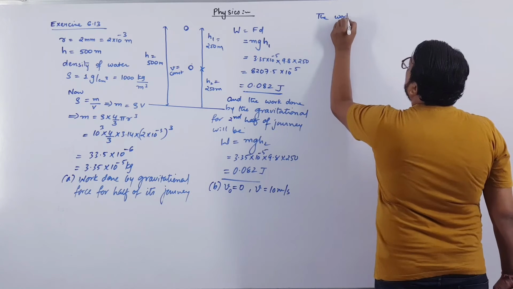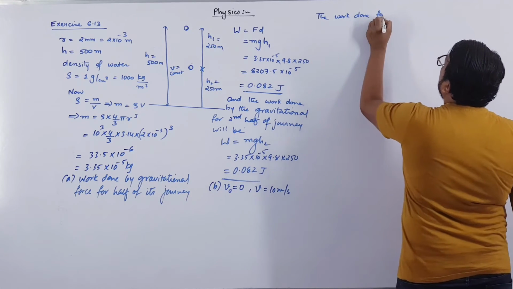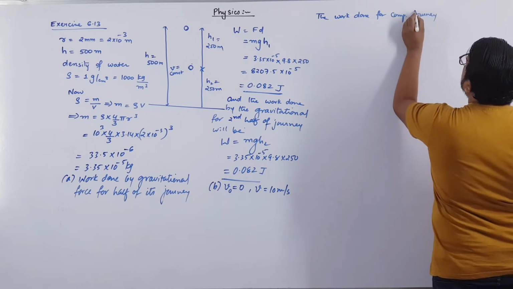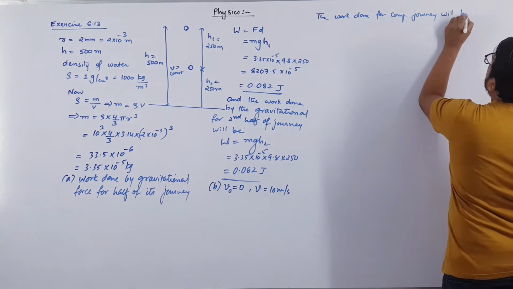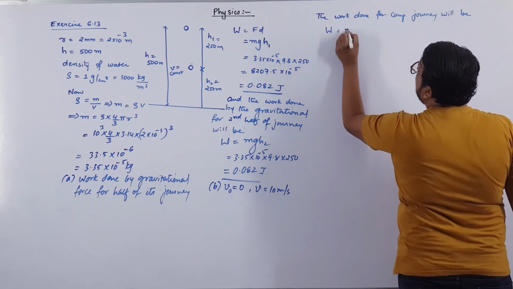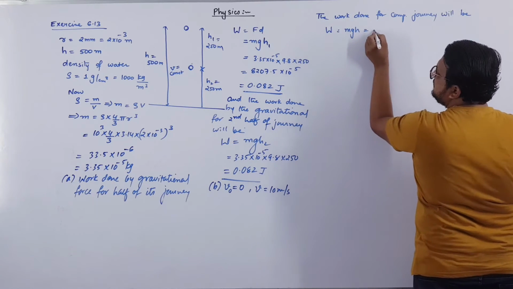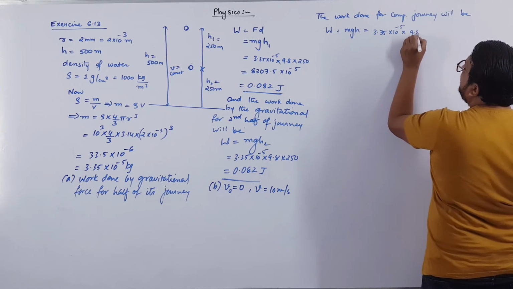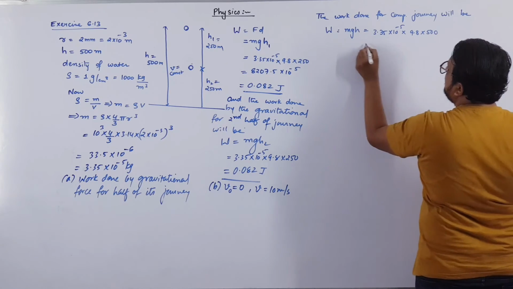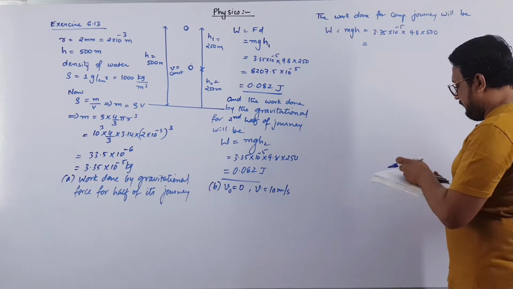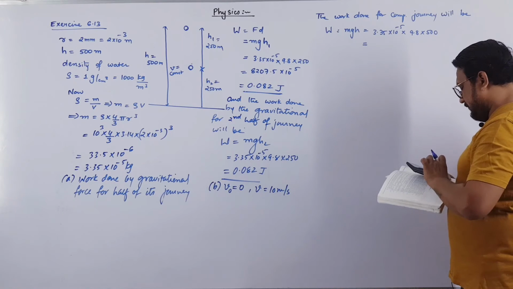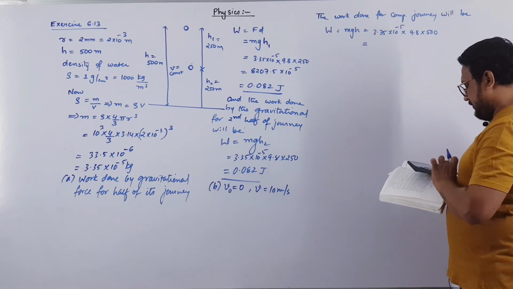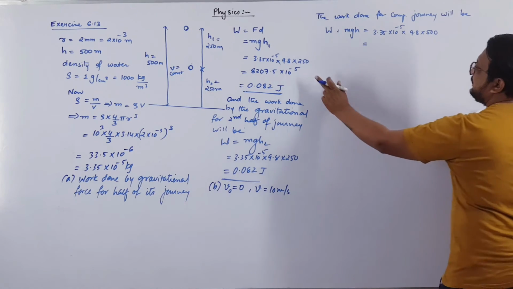The work done for the complete journey will be W equal to mgh, that is, m is 3.35 into 10 to the power minus 5 into 9.8 into 500. So if you simplify this, 3.35 into 9.8 into 500 will be exactly double of this.